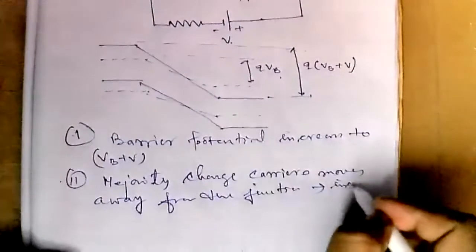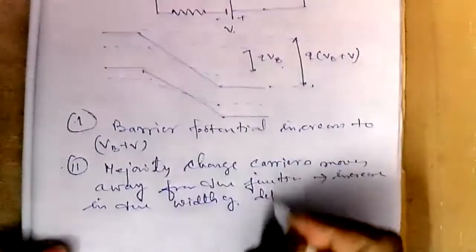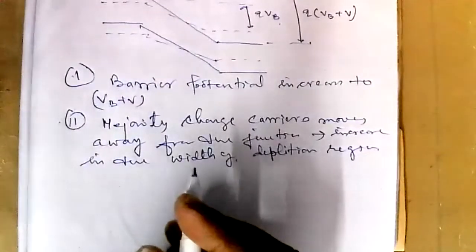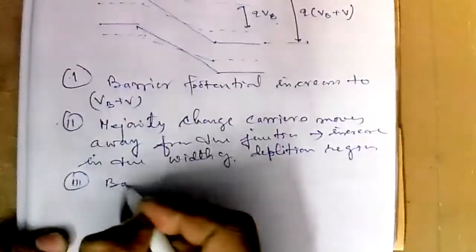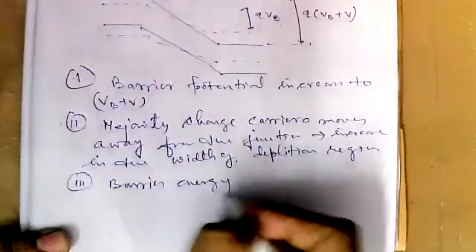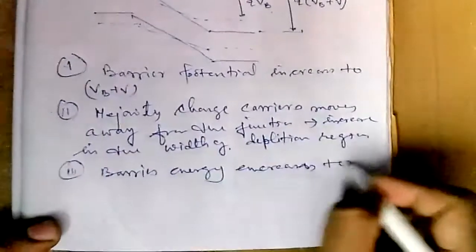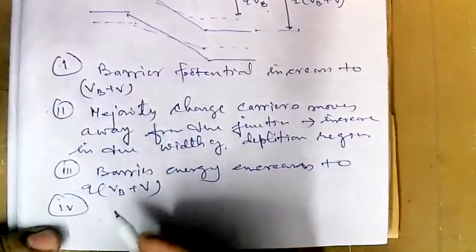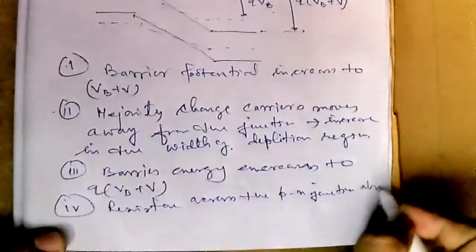So there is an increase in the width of the depletion region, the barrier energy increases to Q into (VB plus V), and the resistance across the PN junction also increases.